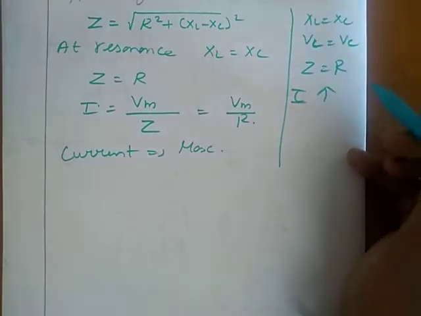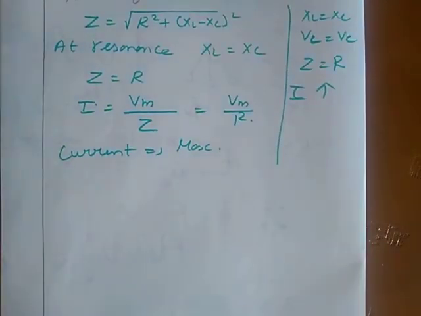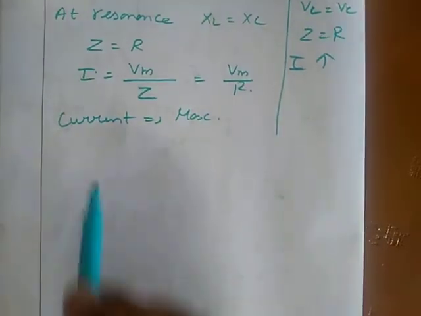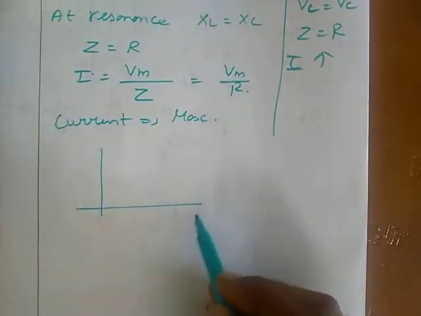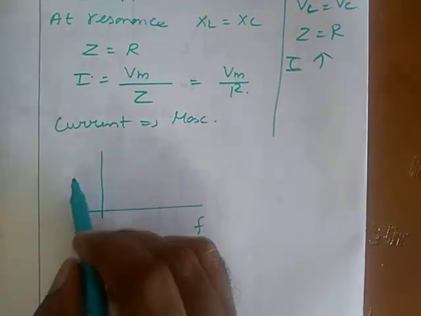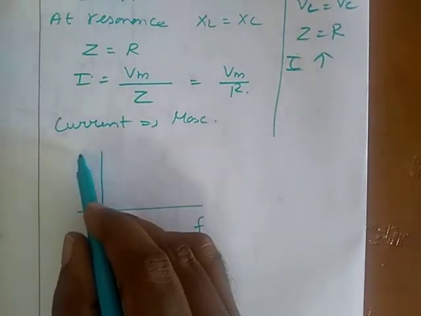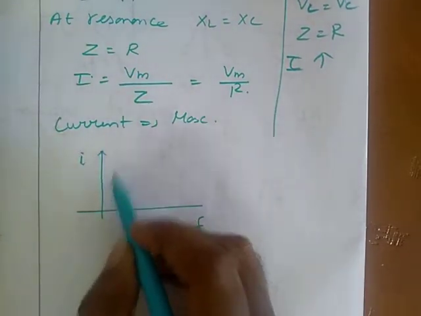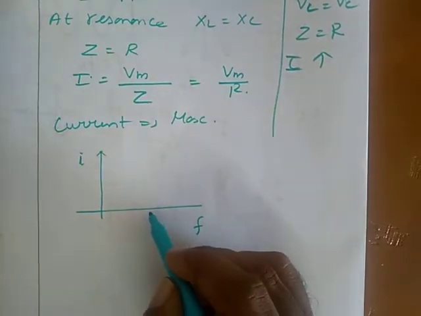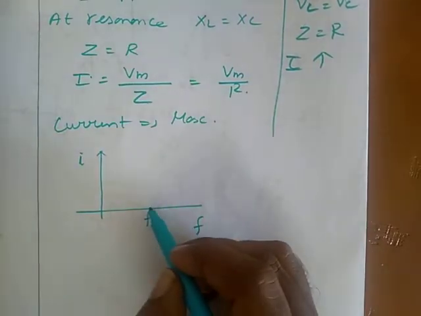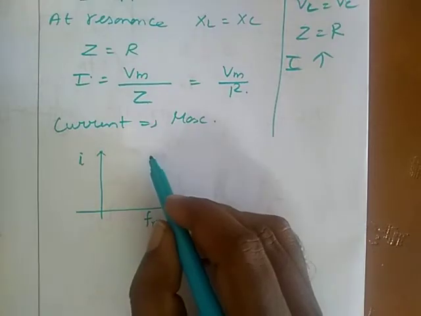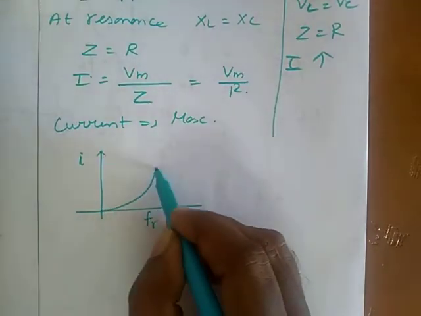Next, suppose I draw a graph between the current and the frequency, with frequency on the x axis and current on the y axis. I get maximum current at the resonant frequency. The graph is like this.